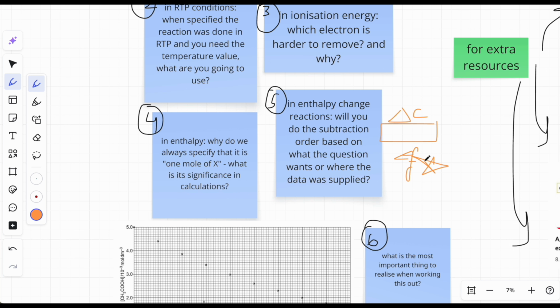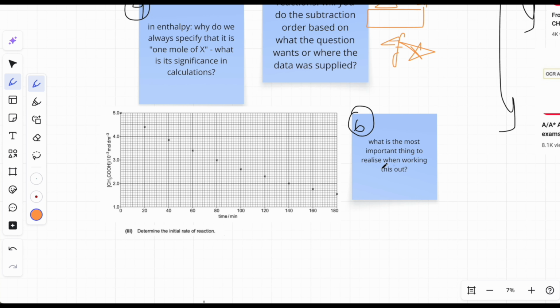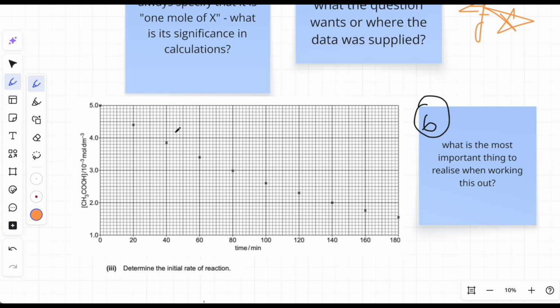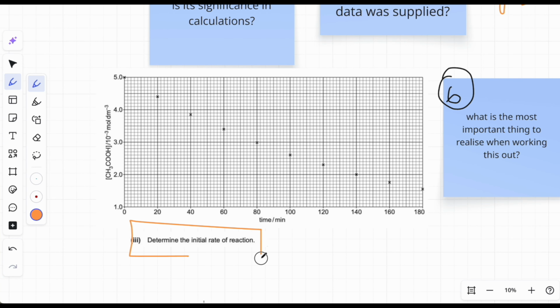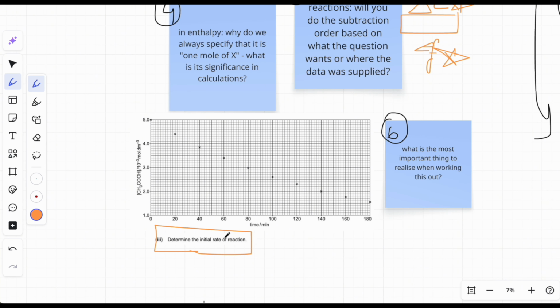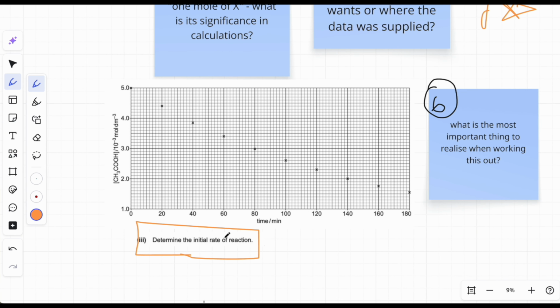And are you going to do it based on this or based on that? My last question is, what is the most important thing to realise when you work out this question: determine the initial rate of reaction? What do you think the important thing is that most people will not see? So that should tease your brain, tickle your brain almost.